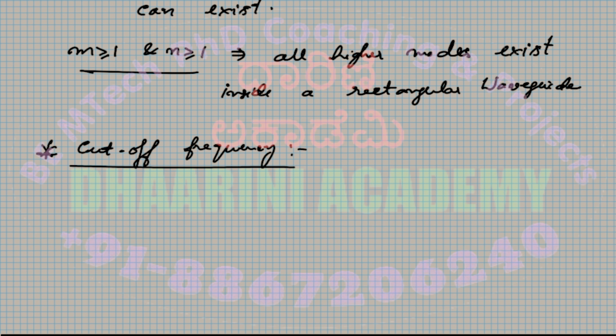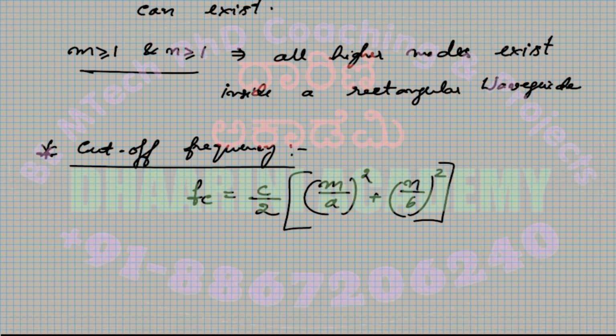We have two equations. One equation is for the calculation of the frequency. I'll write Fc is equal to C divided by 2 times, M by A whole square plus N by B whole square raised to the power half, whole root of. This implies I can also calculate the cutoff wavelength. Lambda c is simply c divided by the cutoff frequency, so the c is going to get cancelled.